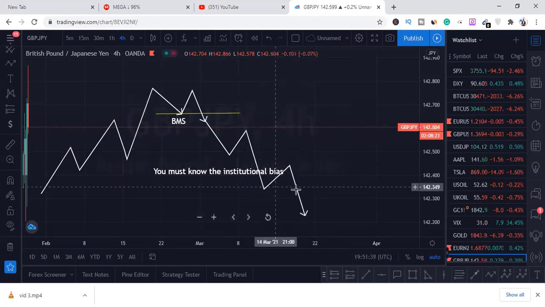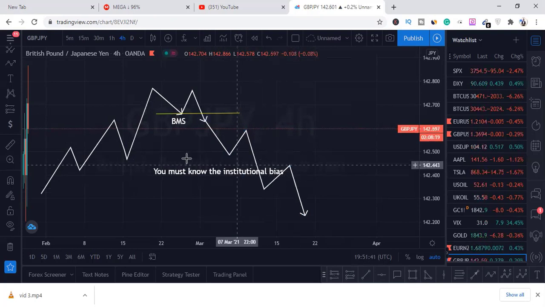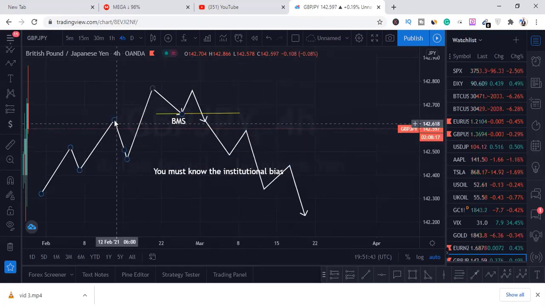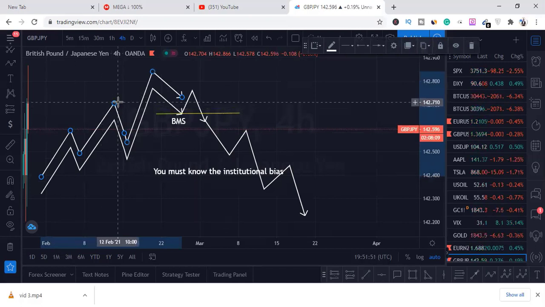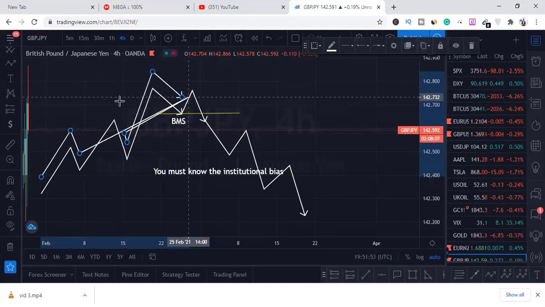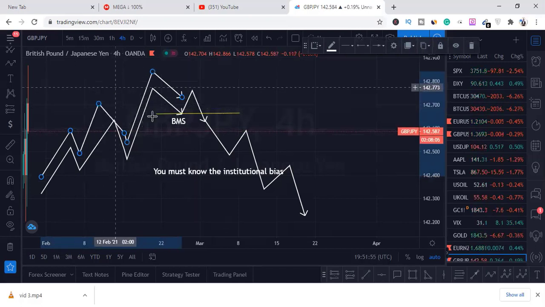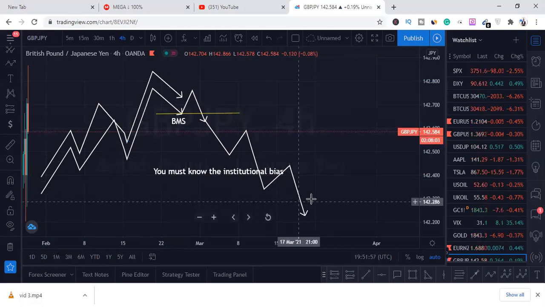So this market can only be taken out again if there is a break in market structure. If there is a break in market structure, this market can now begin to move to the upside. Now, this is a continuous movement of the market to the downside.